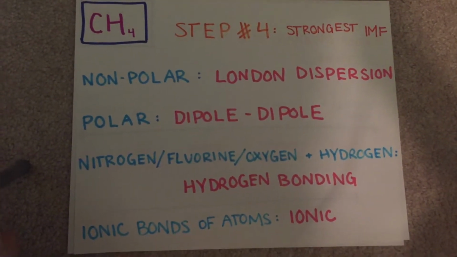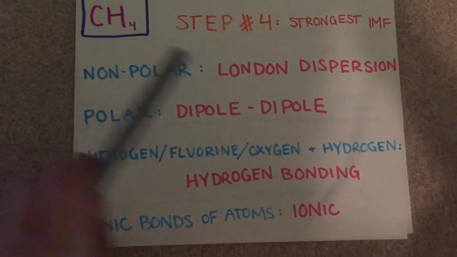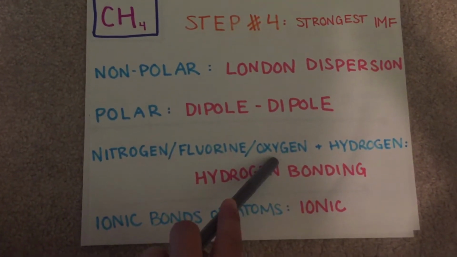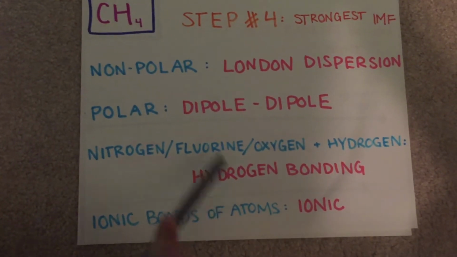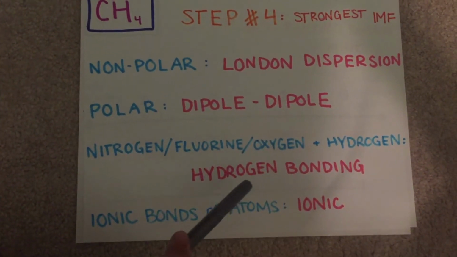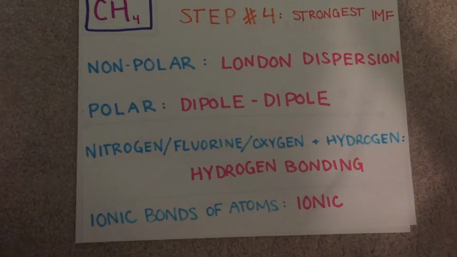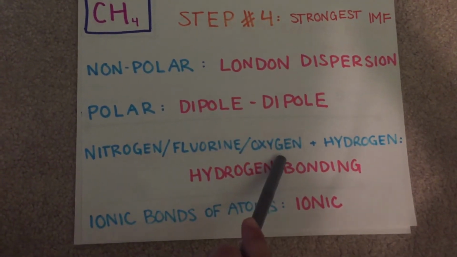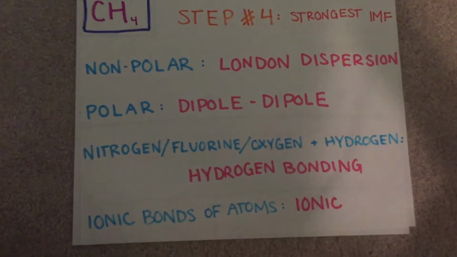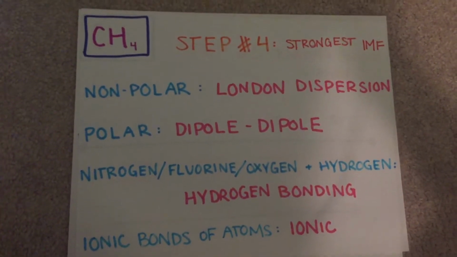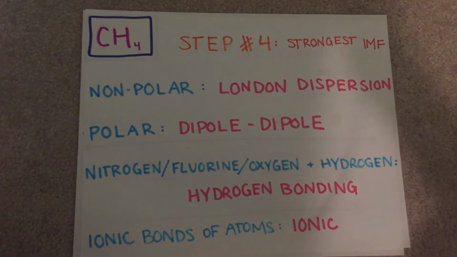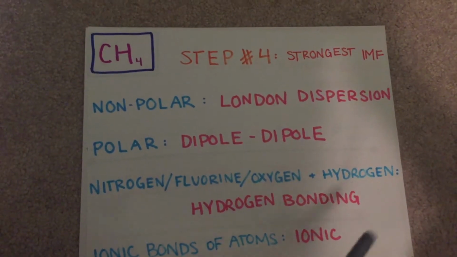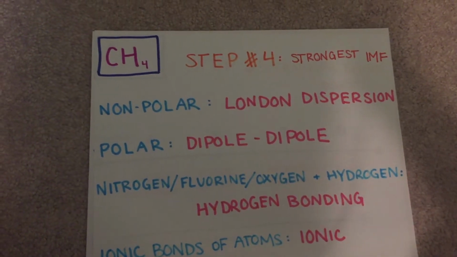Now, if it is polar, but it includes hydrogen bonded with nitrogen, fluorine, or oxygen, it is hydrogen bonding, not dipole-dipole. So hydrogen bonding can still be polar, but if it includes hydrogen and one of these 3 elements, then it's hydrogen bonding instead. And finally, if the compound includes ionic bonds between all atoms, then it is just ionic.